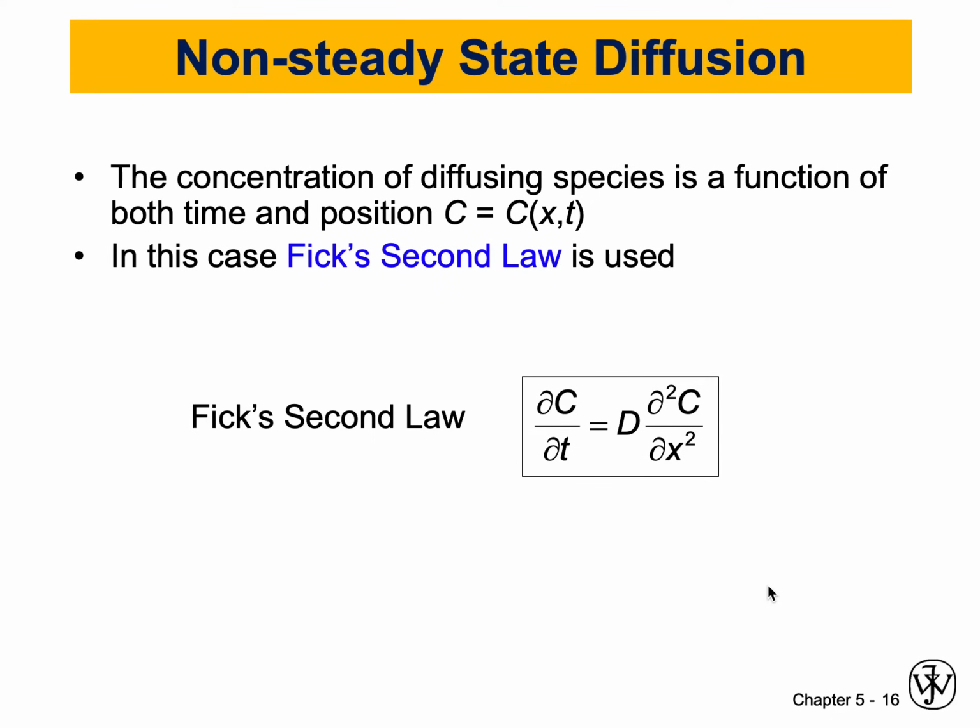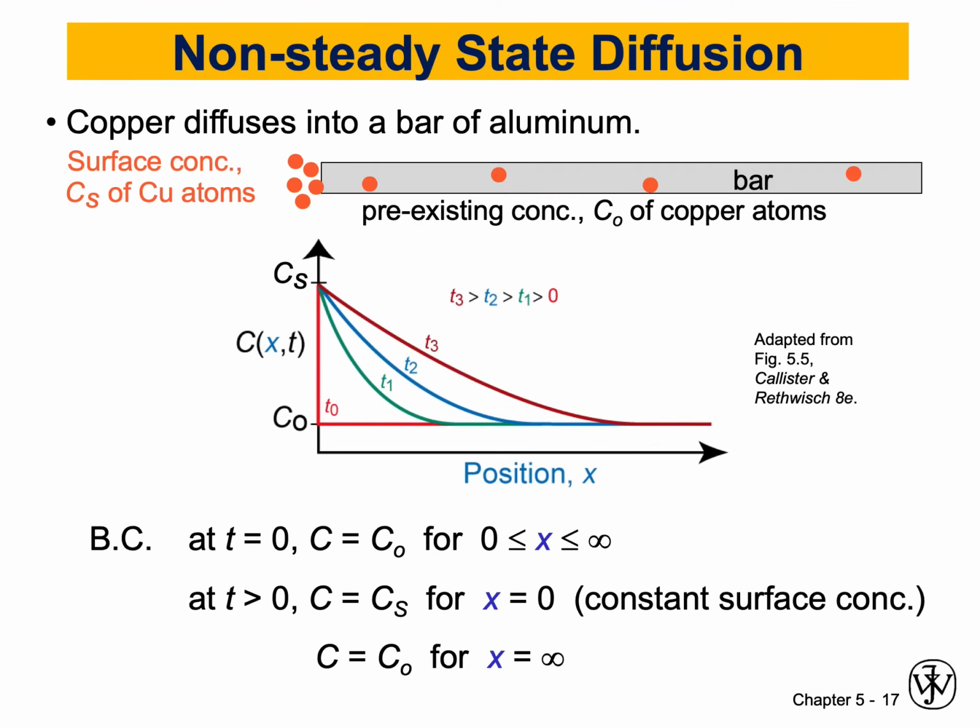It's a much more complicated setup, but we need to understand that this is how it will look, and I will try to explain it a little bit more. So to explain this, let's take an example. Let's say we have this bar of aluminum and we are trying to diffuse copper inside this bar. So here's our assumption.